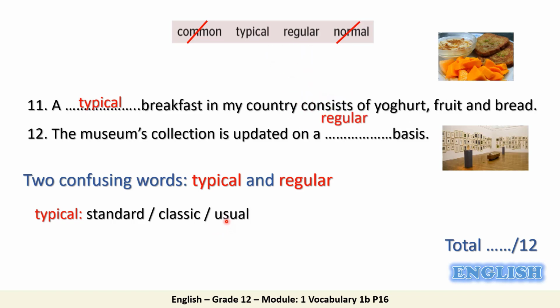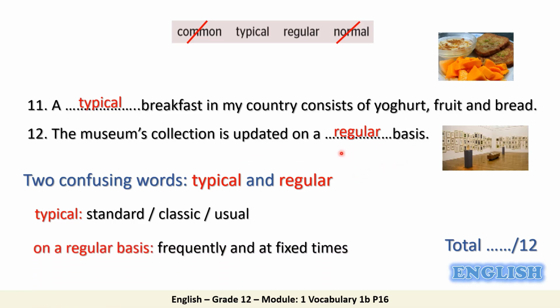About number 12, it's regular. The collection here in this museum is updated on a regular basis. On a regular basis means frequently and at fixed times. About your total points out of 12. Excellent job.